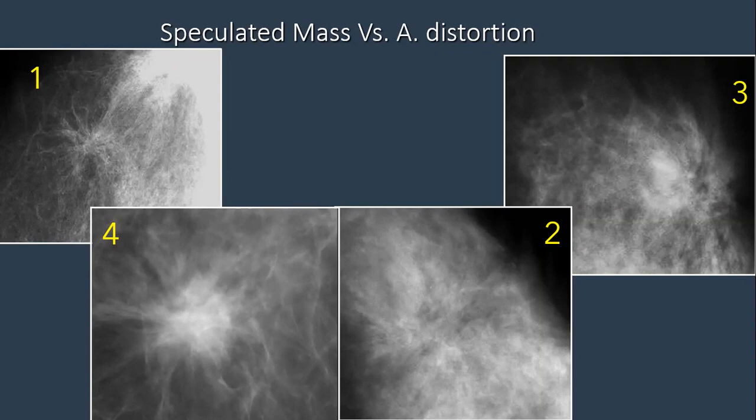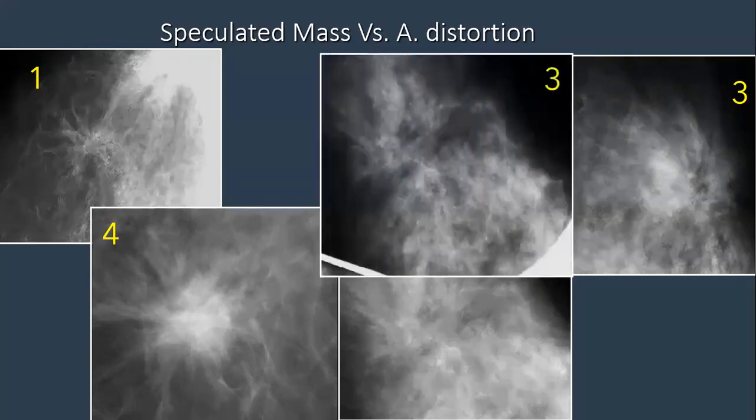I will show you why three is just architectural distortion. This is the same case from different angles. Both are compression, but one is the CC view, the other MLO.